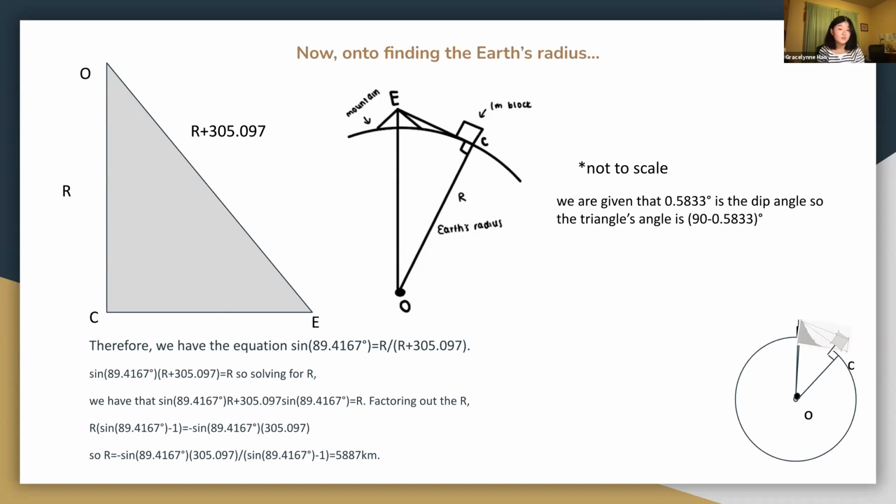And if you are curious, you can look up the Earth's radius now. Earth isn't a perfect sphere, so there is a mean radius that's generally considered by scientists, but I will be showing what the actual radius is at the end of this workshop if you don't want to, so stay tuned. But now we can move on to our next problem, since we technically already found the Earth's radius.